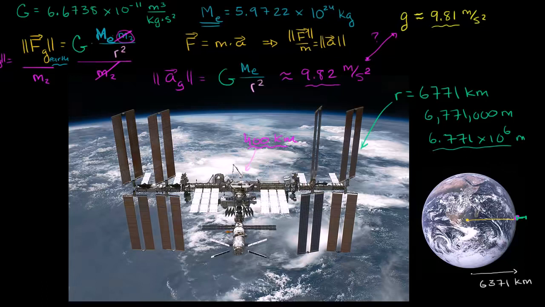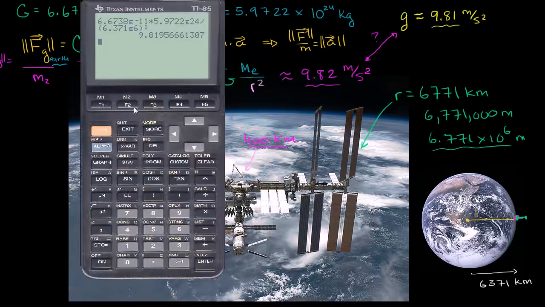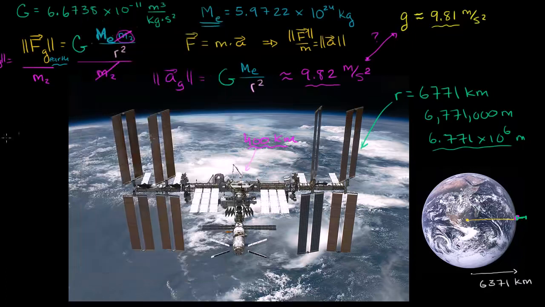So let's go back to our calculator, and we should just be able to, so second entry, that's the last entry we had, and instead of 6.371 times 10 to the 6th, let's add 400 kilometers to that. So we're adding 400 kilometers. So it was 371, now it's 771 times 10 to the 6th. And what do we get? We get 8.69 meters per second squared.